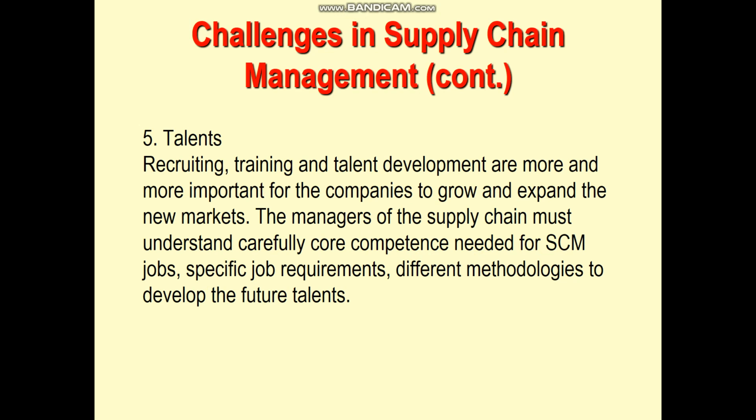We also have challenges in recruiting talents. Humans are a very important key in supply chain, so recruiting and training people are very important for supply chain management.